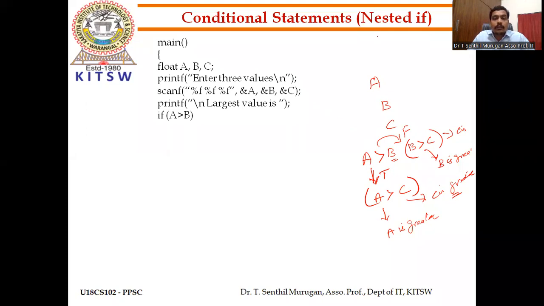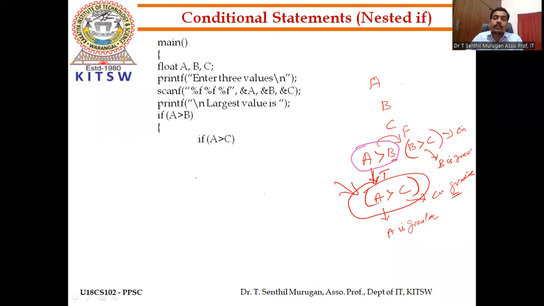First, we have to check this condition, A greater than B. If A is greater than B, then I have to check whether A is greater than C or not.